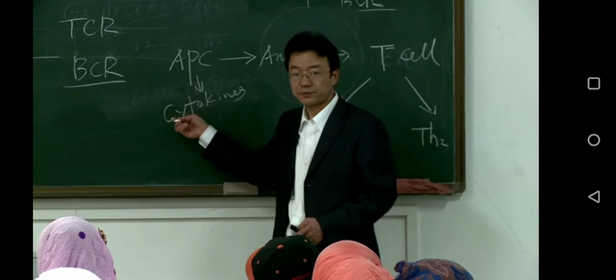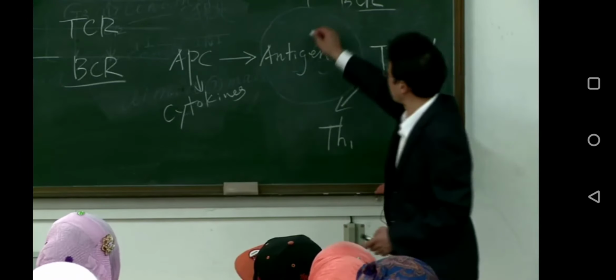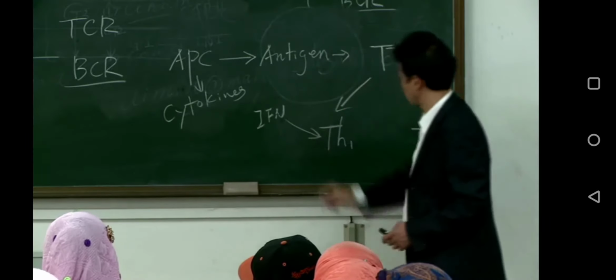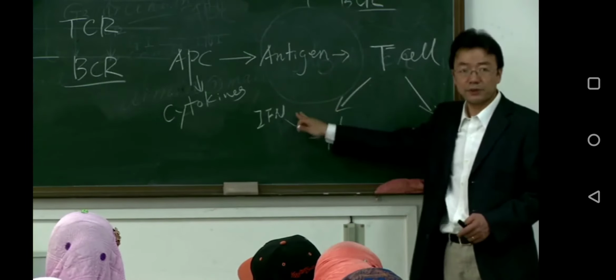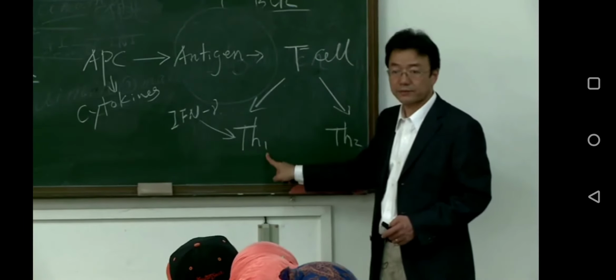For example, interferon gamma helps T cell differentiate to Th1.